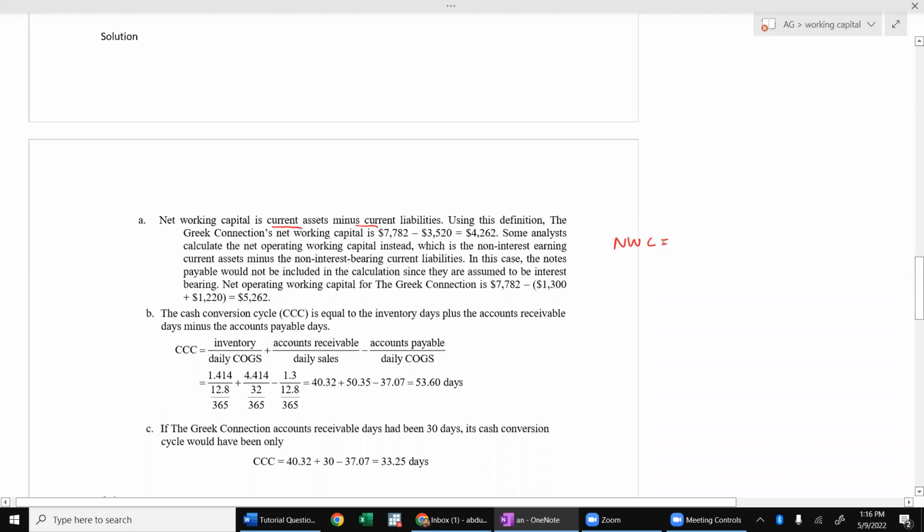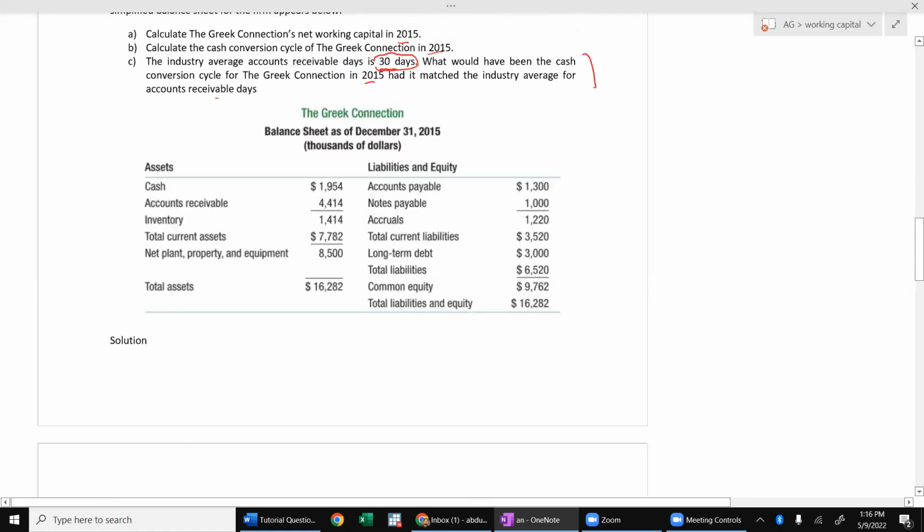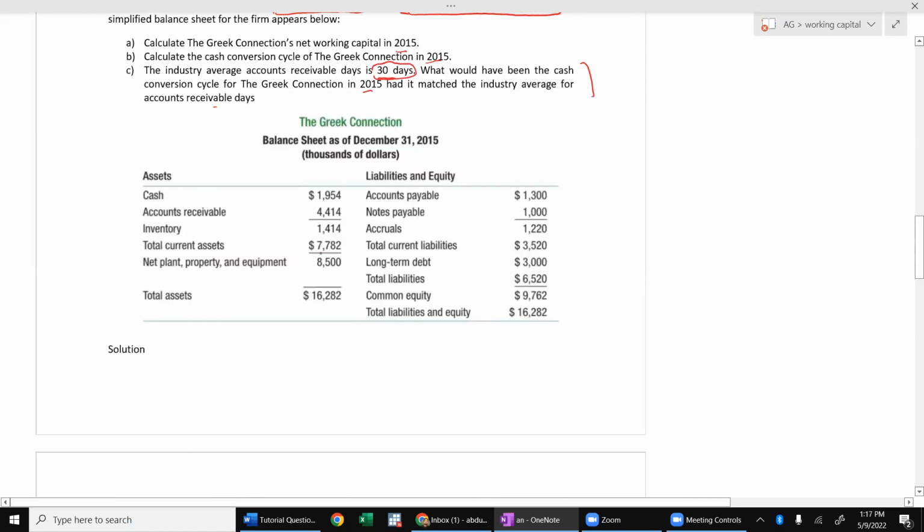So how many current assets are there? If you see, these are the current assets that you will be taking, and current liabilities are these ones. If you subtract that, you will get the answer. So this is net working capital.